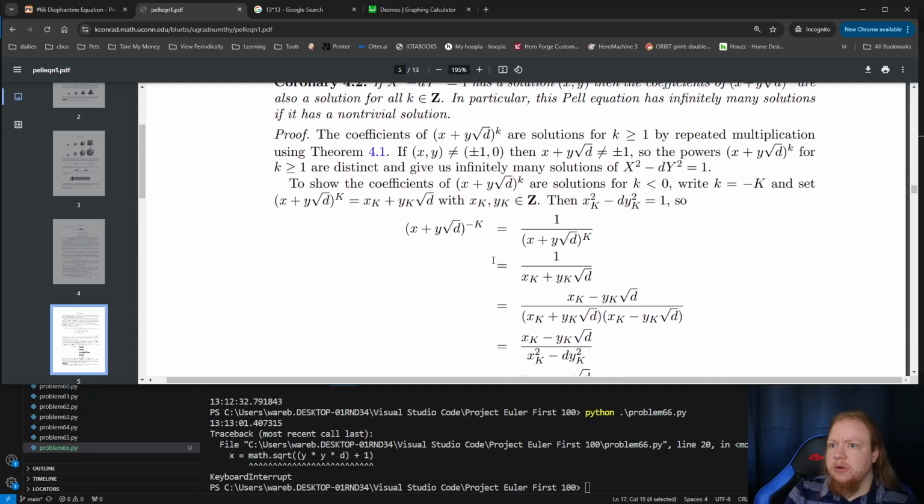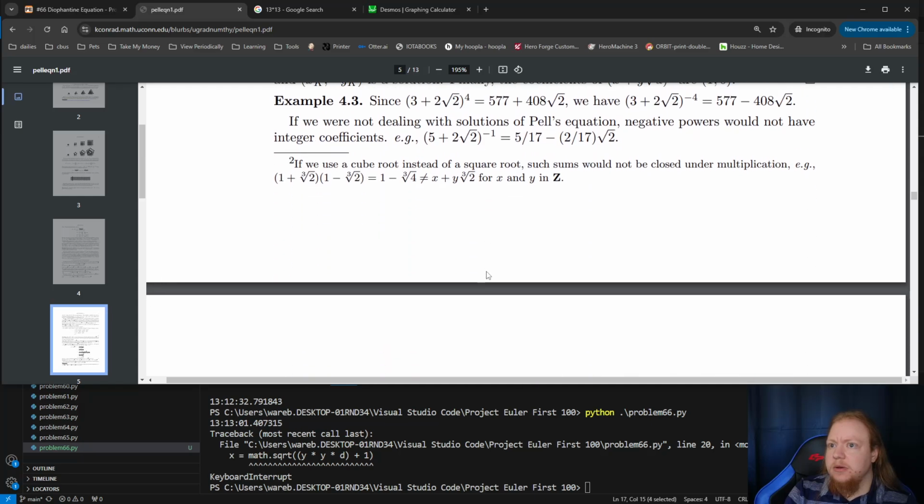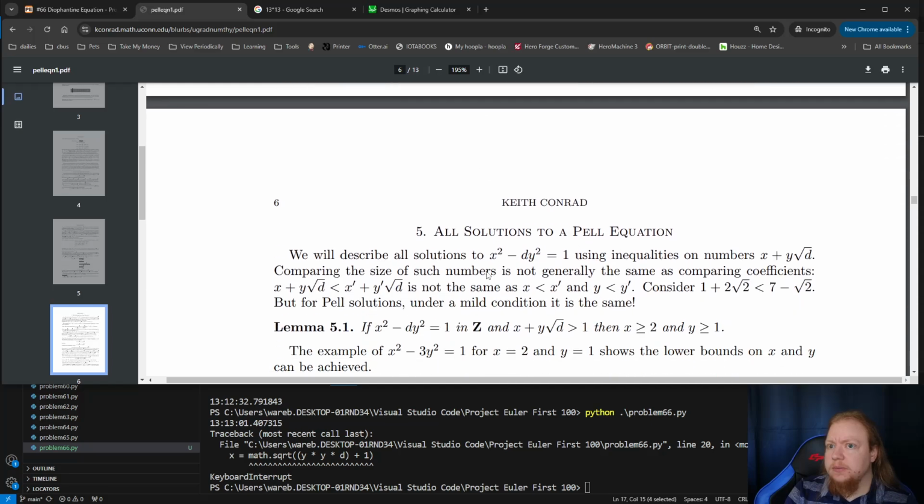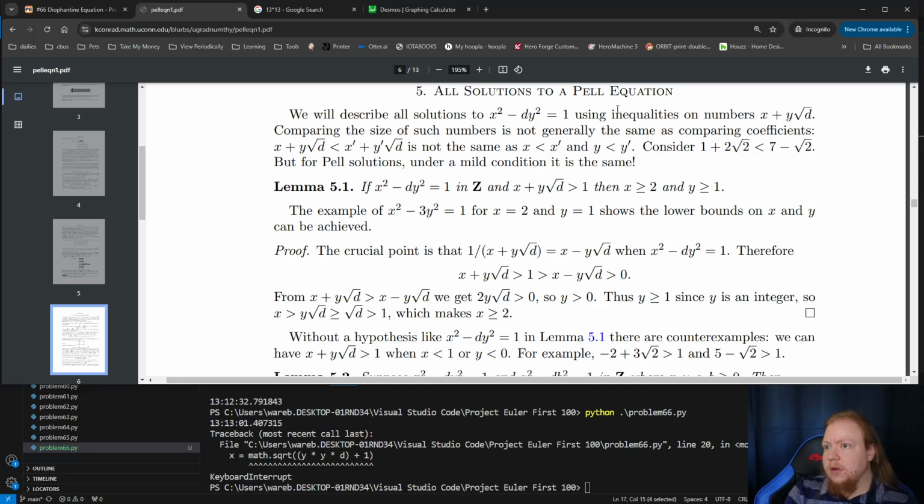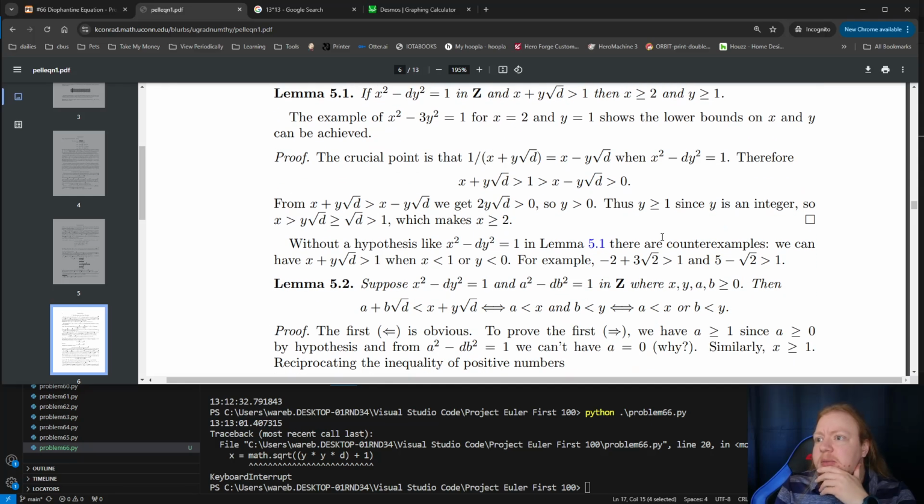It goes deeper. x plus y square root of d. Okay, this is not making very much sense to me.